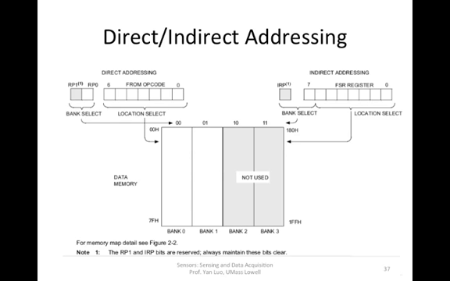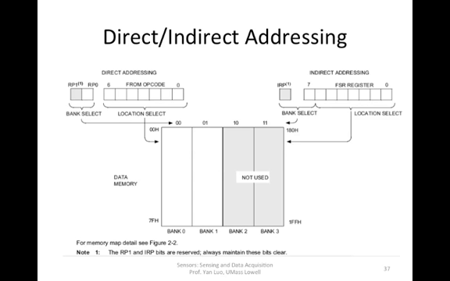On this slide, I want to spend maybe 2 minutes: direct addressing and indirect addressing. Addressing mode refers to how the microcontroller finds its operand. I assume you all understand the meaning of operand. In assembly language, you have the opcode and operand.